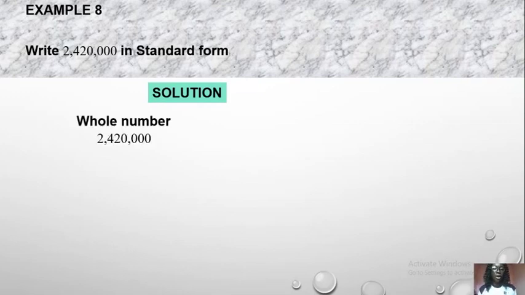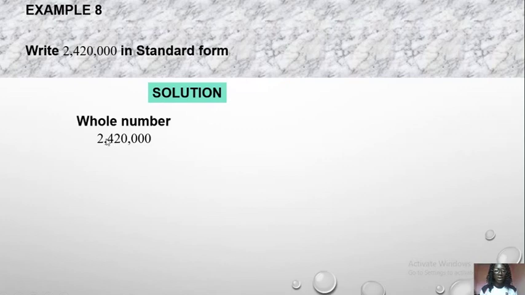We have our whole number to be 2,420,000. We want to write this in standard form. Before we see our solution, let's try to guess our answer. Here we have 1, 2, 3, 4, 5, 6. We have 6 numbers apart from the first number. So here we're going to have 2.42.